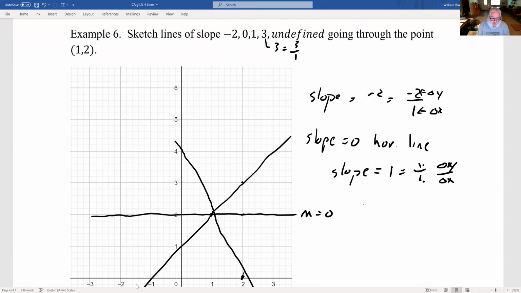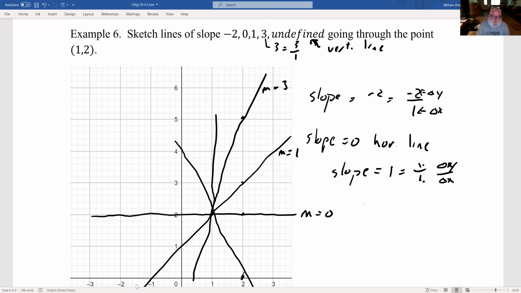So that means if I go 1 unit to the right, I go up 1, 2, 3 units. And then I draw my line. So this is slope equals 1, slope equals 3, and then an undefined slope, that's a vertical line. That's just this badly drawn line.